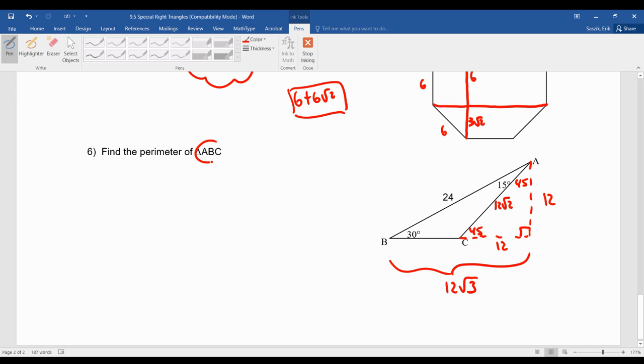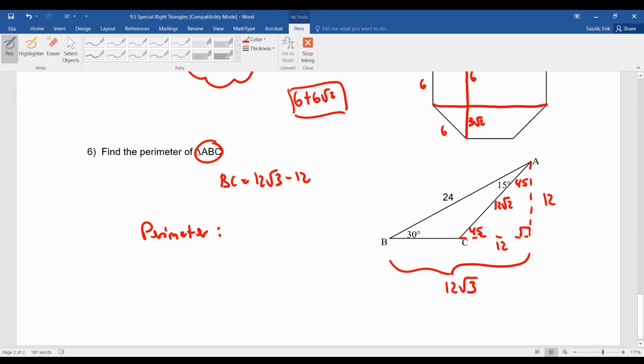Remember, we have to find the perimeter of triangle ABC, so I just need this piece here. Now remember, BC is going to be what? That whole bottom, 12 root 3 minus 12. So my perimeter would be what?